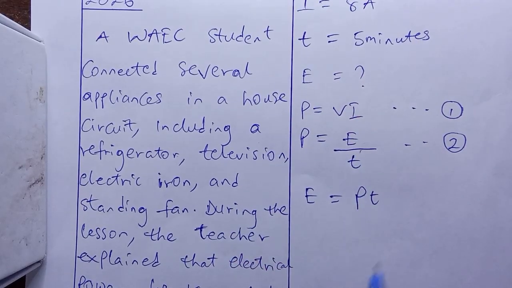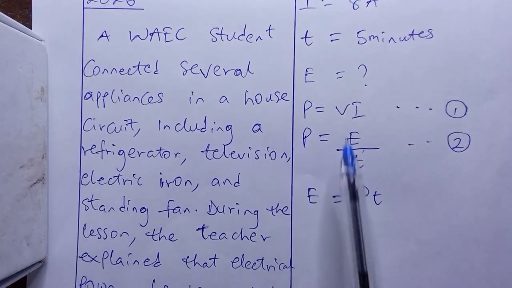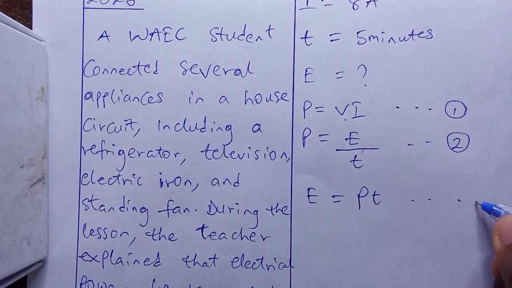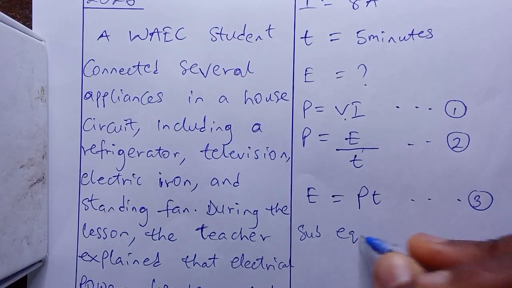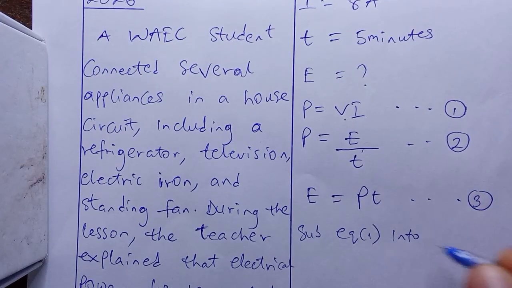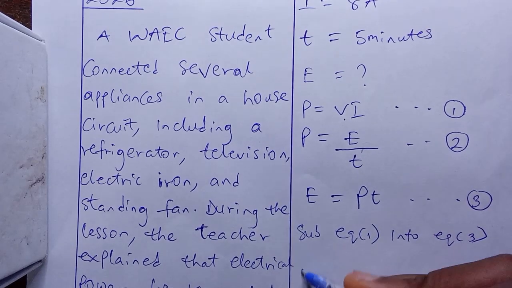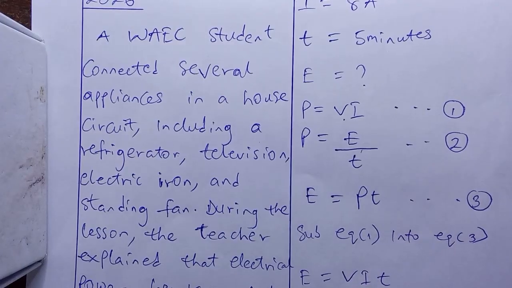From equation 2, energy equals power times time, and from equation 1, our power is VI. Let's call this equation 3. So let's substitute equation 1 into equation 3. What do we have? We have that energy equals VIT, because power is VI.